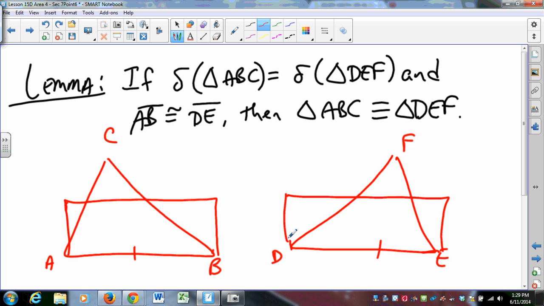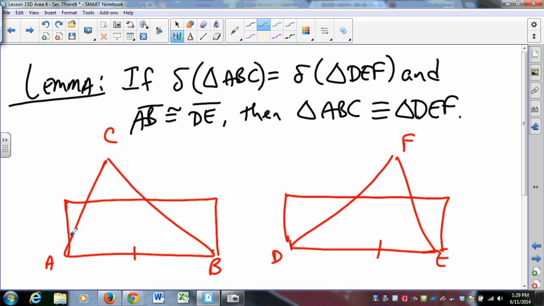What do we know about the Saccheri quadrilaterals as they pertain to the triangles? Well, what do we know about the defects? The defect of this Saccheri quad is the same as the defect of this triangle, and the defect of this Saccheri quad is the same as the defect of this triangle.